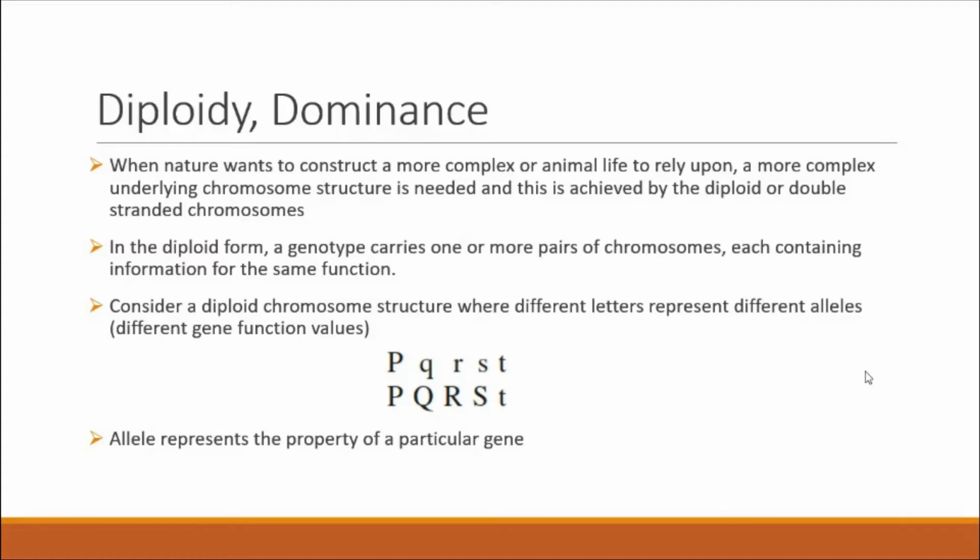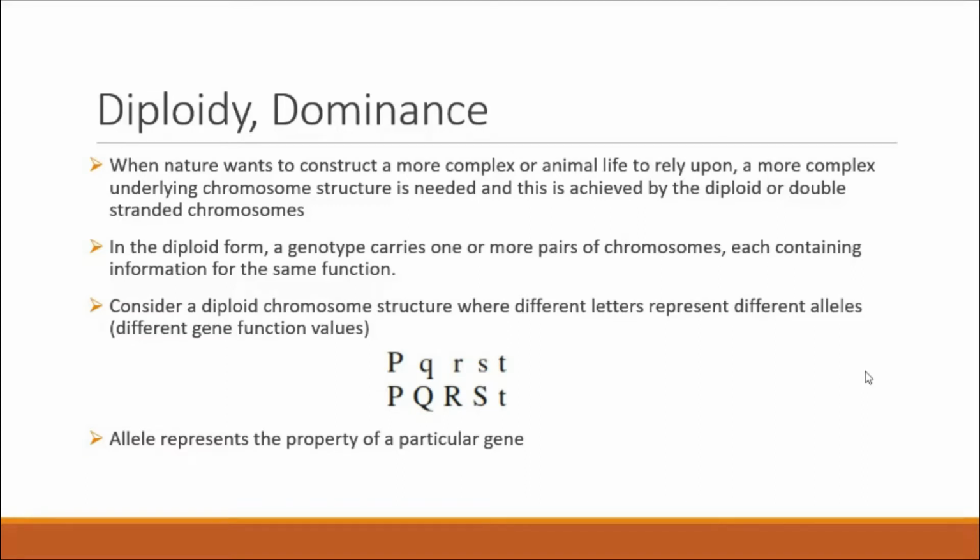Even when there is a pair of chromosomes, each will contain information for the same function, and depending on the dominance among these two values for the same function, we will select the function for that particular gene.